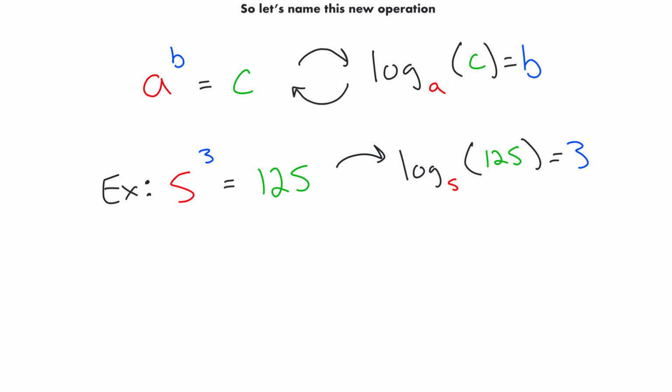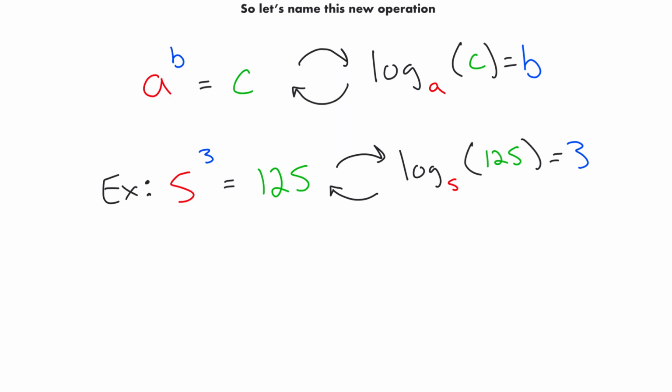Additionally, if I had that logarithmic statement, I could also convert that back into the exponential. In the same instance where I say that 5 to the third power equals 125 is a true statement, so is this. But we're reading it differently. For the exponential, we say 5 times itself 3 times is equal to 125. The logarithmic statement is going to sound similar, but with a key difference.